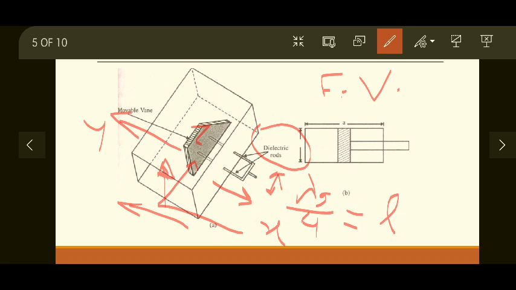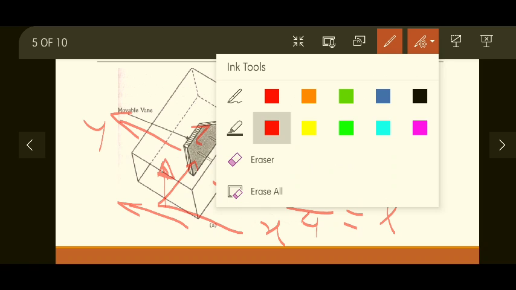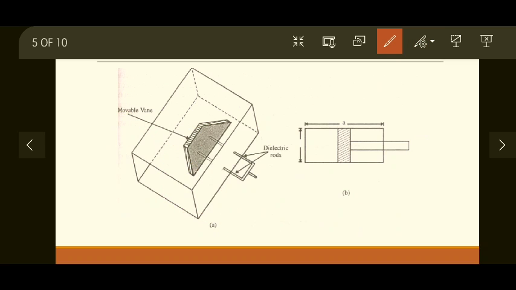So forward and backward. Depending on where you are placing the dielectric slab, the amount of attenuation will be decided. Now in the front view you can see this is at the center. At the center it produces maximum attenuation.